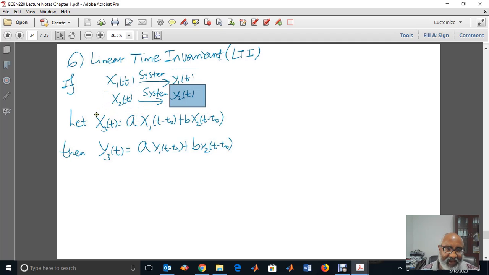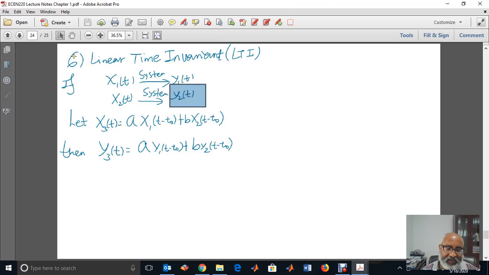Then I create another input. Okay, this input is both a linear combination and there is a time shift. You see, x3 of t is a x1 of (t minus t naught), shifted by t naught, plus b x2 of (t minus t naught). Then the output also should be y3 of t equals a y1 of (t minus t naught) plus b y2 of (t minus t naught).